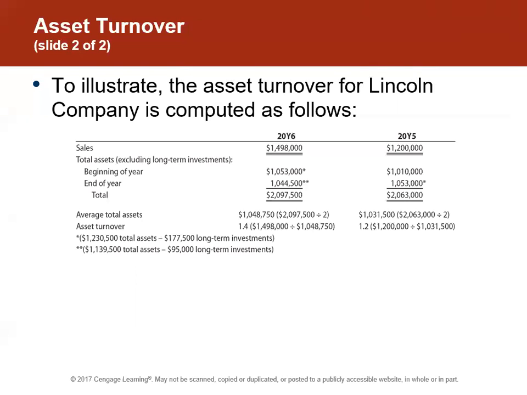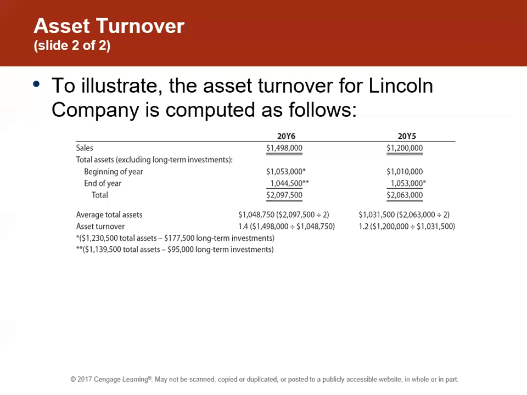You won't have to deal with that on the test really, but maybe on the homework, so it's good to have a heads up. The asset turnover went from 1.2 to 1.4. This is one where the higher it is, the better. We're utilizing our assets at a higher rate.